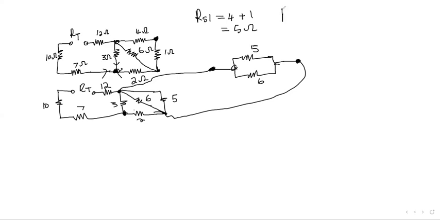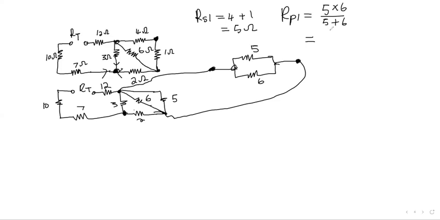So what's that RP1? Since it's my first time calculating R parallel, it's going to be 5 times 6 divided by 5 plus 6. Why am I using this formula, while on the recent example I used different formulas? This formula of product over sum we use for 2 resistors when they're connected in parallel. The other formula is for when you want to get the total resistance of parallel resistors and you check how many resistors are connected.